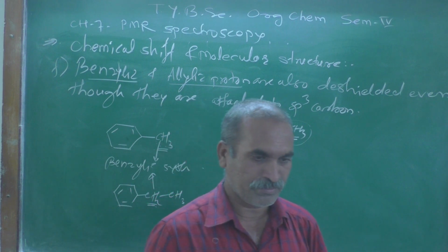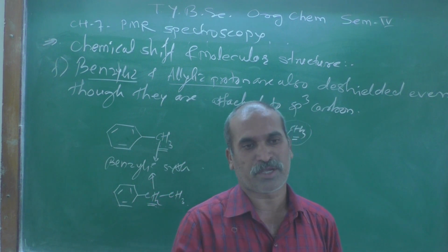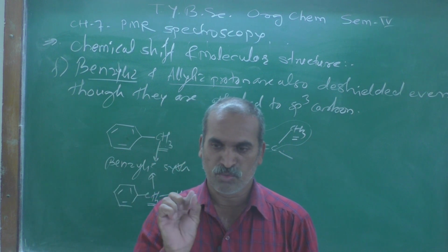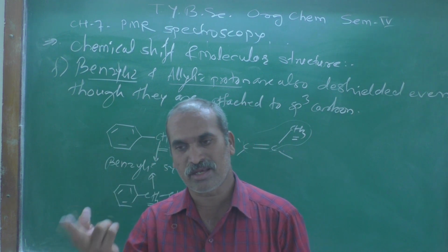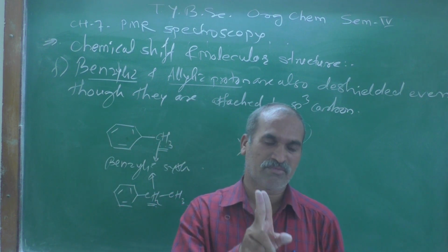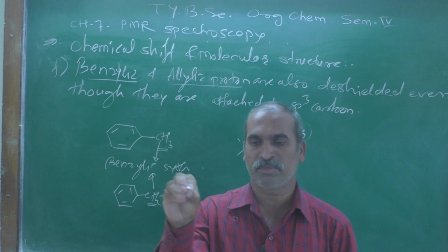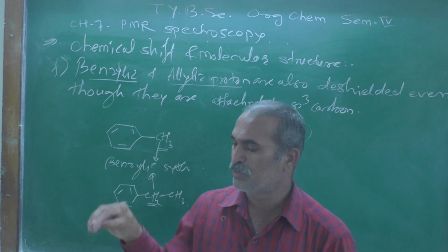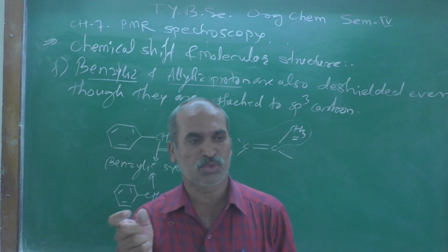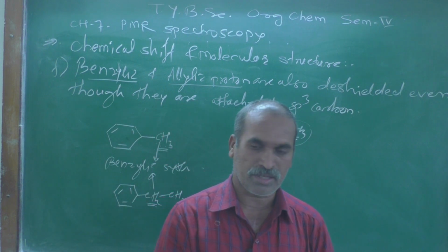While studying UV spectroscopy, we learned two systems. One is the diene system and another one is the enone system. Diene system means there will be carbon-carbon double bonds, alternatively placed. That system is known as a diene system.